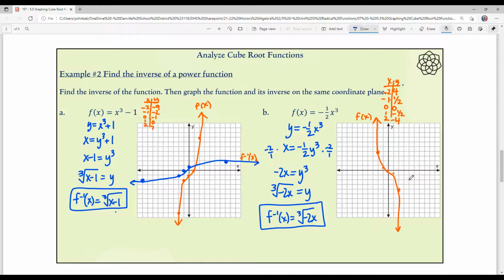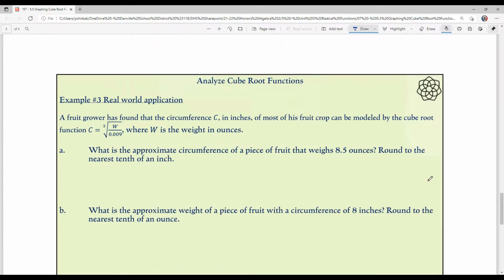So 4, -2, 1/2, -1, 0, 0, -1/2, 1, and -4, 2. So here is my inverse, f -1 of x. Awesome. Okay, let's take a look at a word problem.